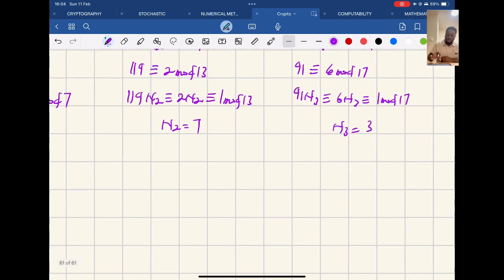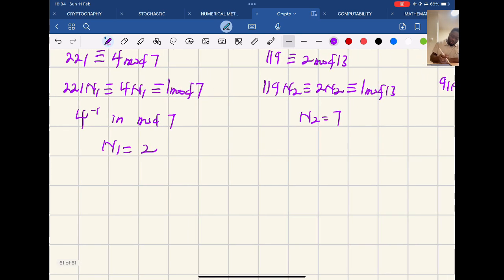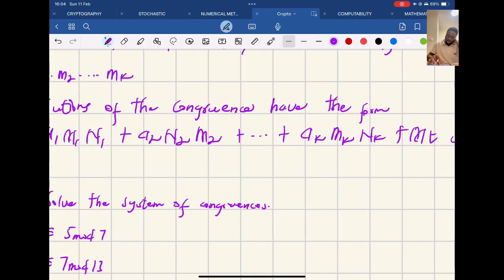Now after getting this, remember our congruences will always be of the form S equals A1 M1 N1 plus A2 M2 N2 plus A3 M3 N3 plus our big M times T. Now A1 is equal to the value over here.